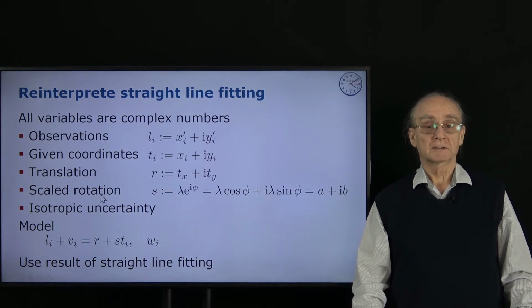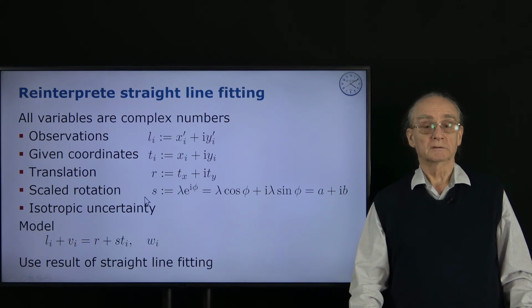And here we have the scaled rotation, which is a complex number s, which you can either write in polar form with the length, the distance to the origin lambda, and the exponential of i multiplied with the angle. And you know from Euler's relation, this is lambda cosine phi plus i lambda sine phi. And we say this is s equals real part and imaginary part.